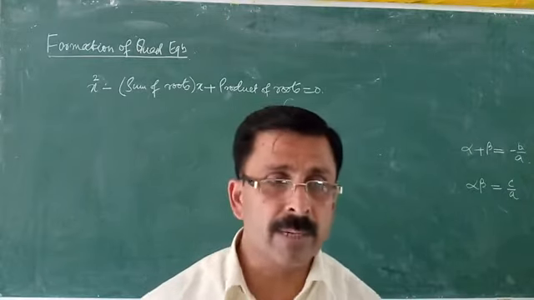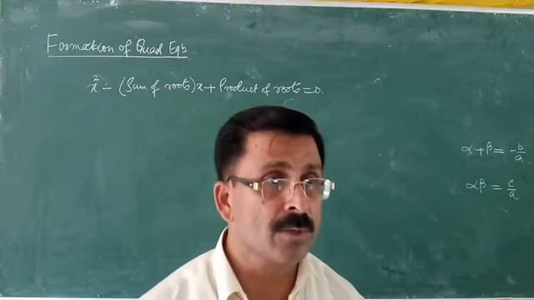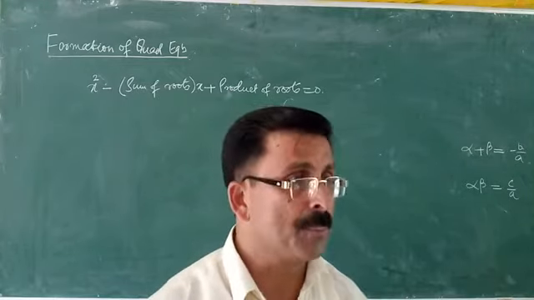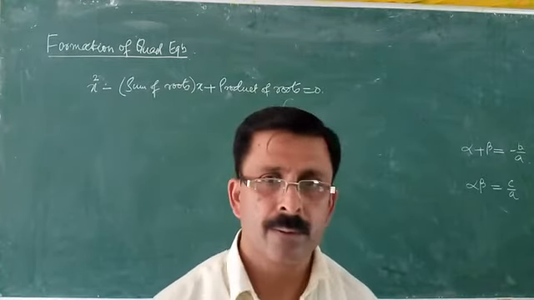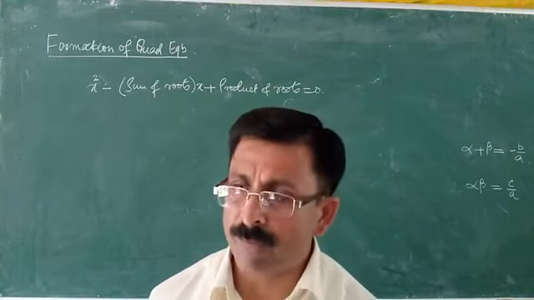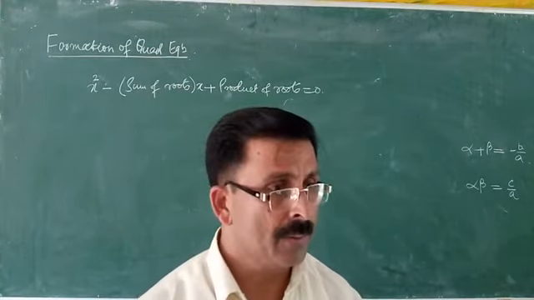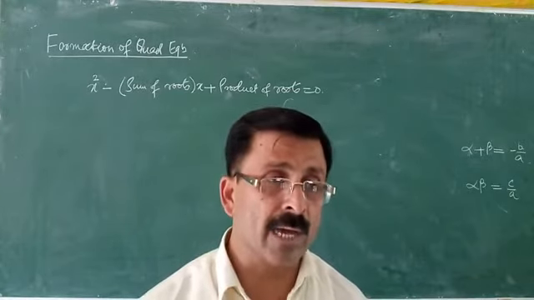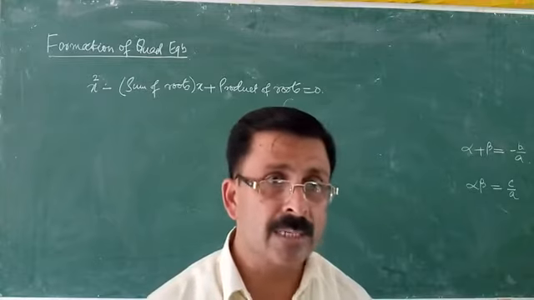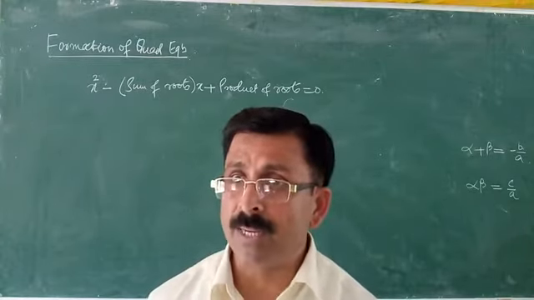We will always remember that the coefficient of x is the sum of the roots, and the constant will be the product of the roots. Just be mindful of that. Now, if the roots are alpha and beta, then the sum will be alpha plus beta, and the product will be alpha into beta.